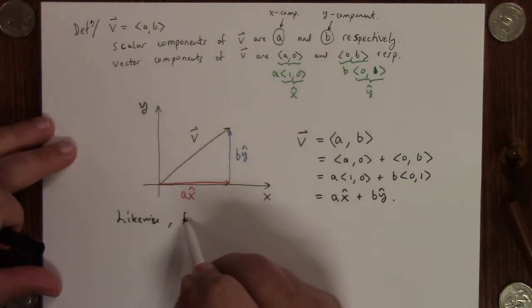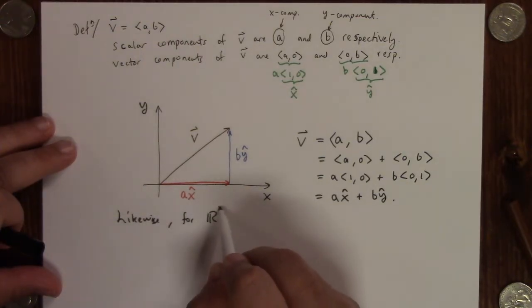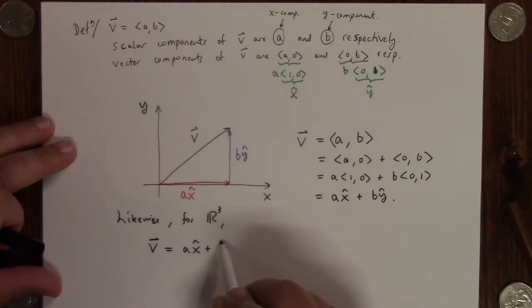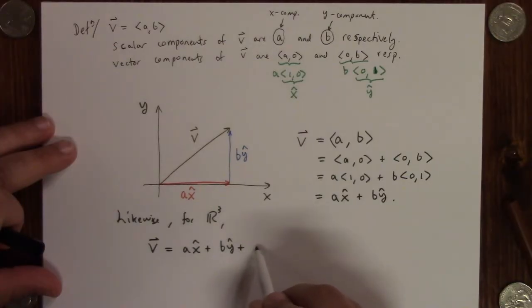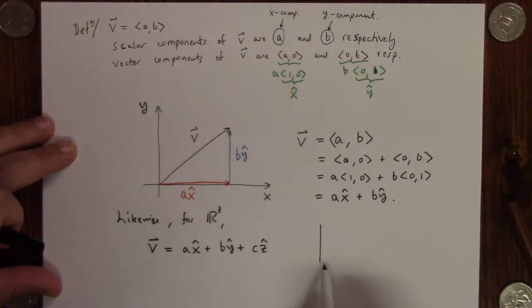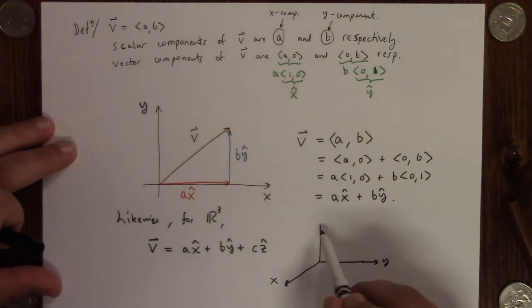And so I'm doing this discussion in the plane, but likewise for R3, we can take a vector v and break it up into a x hat plus b y hat plus c z hat, and I'll try to draw the picture. Hopefully I'm within frame. We'll find out in a second here.